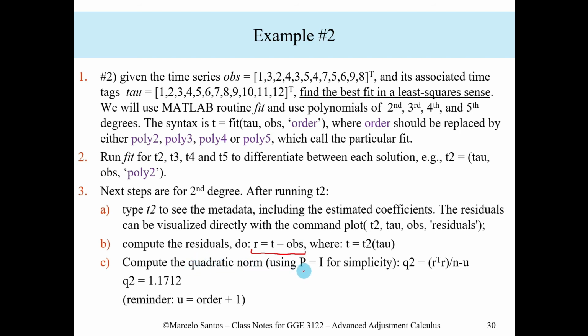And then we can compute the quadratic form using the P matrix as identity for simplicity. Of course, in this case, we don't need to bother with the P. This is Q2, the quadratic form of the second degree polynomial, 1.1712. Reminder, U equals order plus 1.